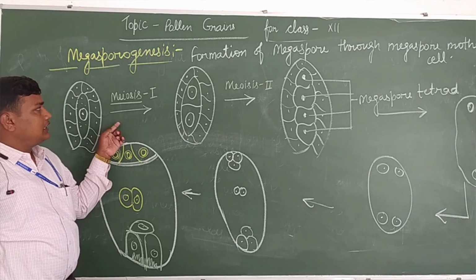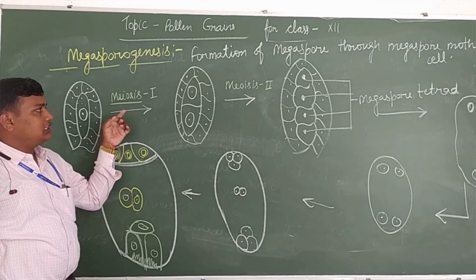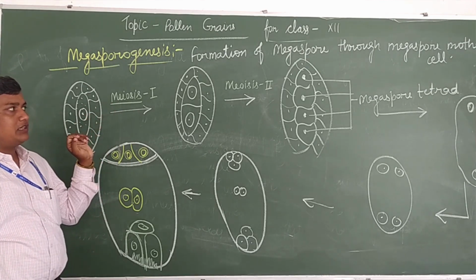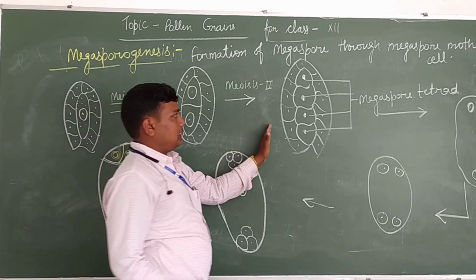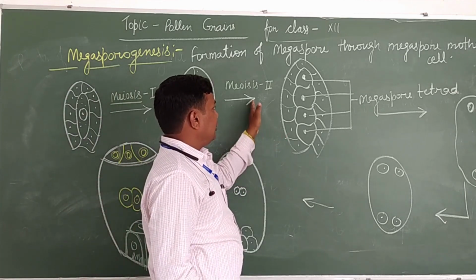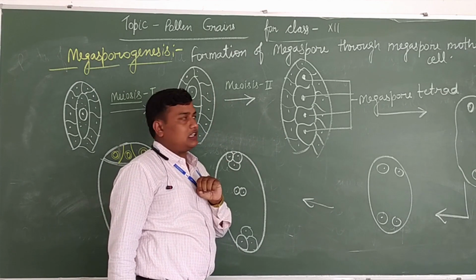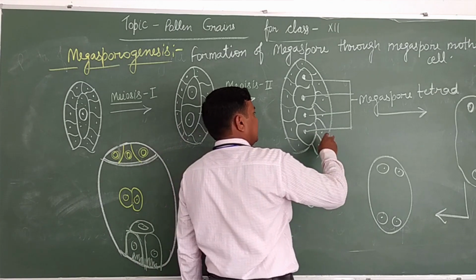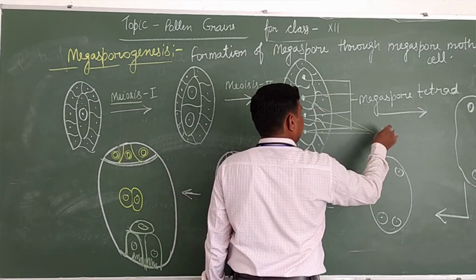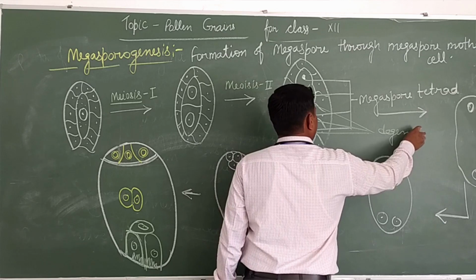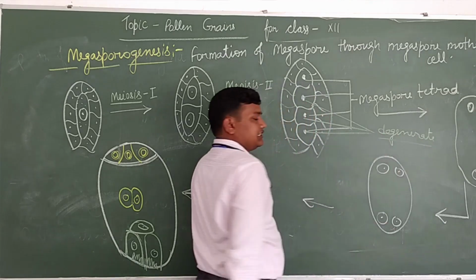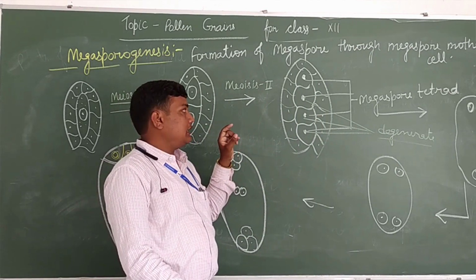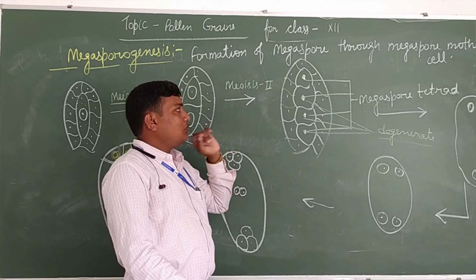You know that meiosis is a reductional division, and in the reductional division the polarity of the female gametophyte changes. At the end of meiosis 2, 4 megaspores form, in which 3 megaspores degenerate, and only 1 megaspore is left. Such kind of embryo sac development is known as monosporic development.